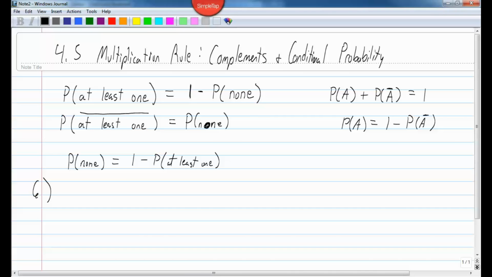That would be maybe at least one girl of 5 children. So we have at least one girl. That's the main thing. At least one girl.